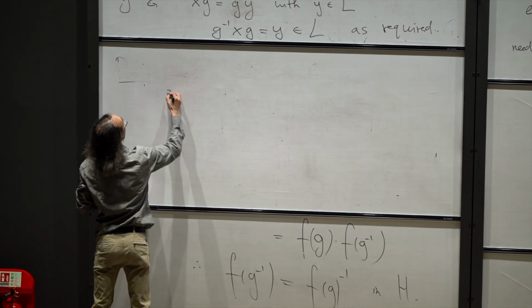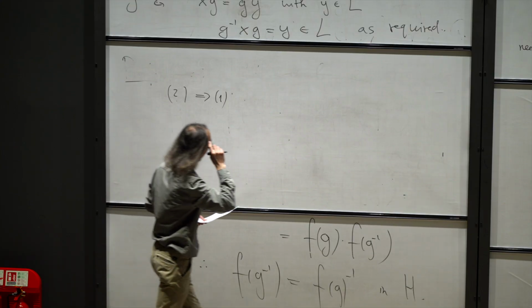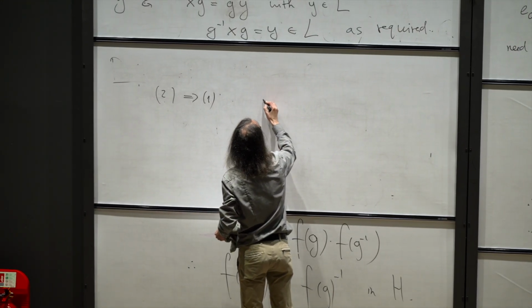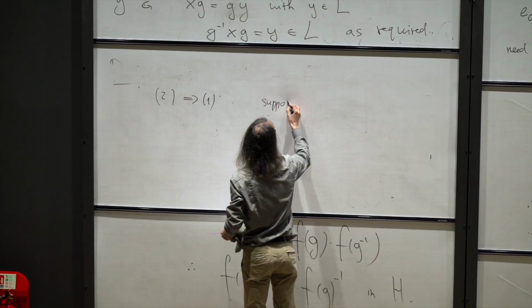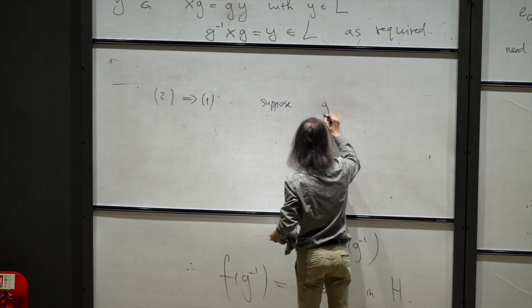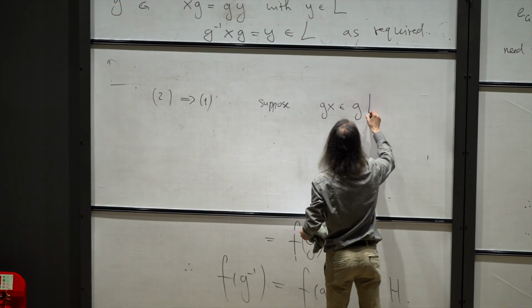Now to prove that 2 implies 1, suppose that I have an element gx, which is in gL.